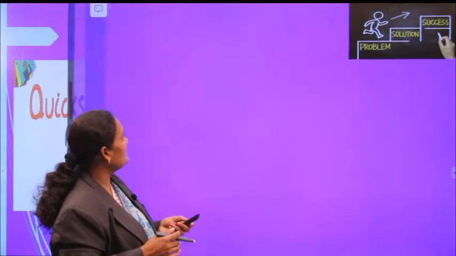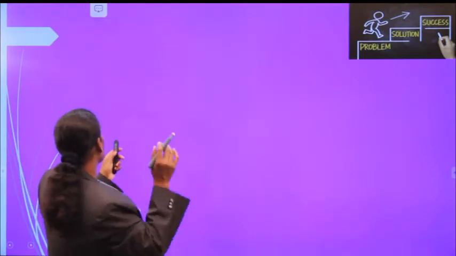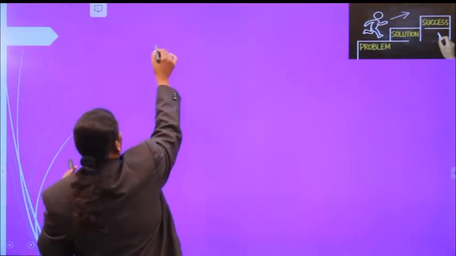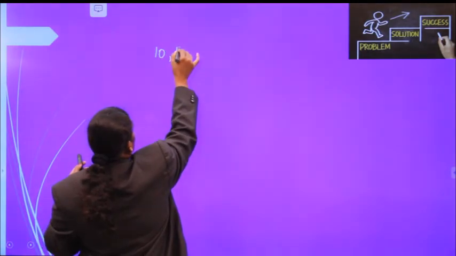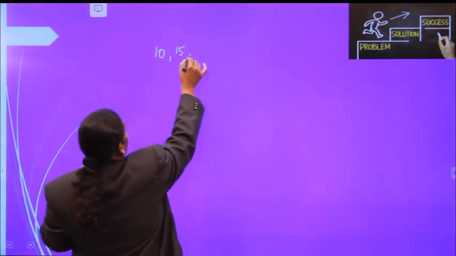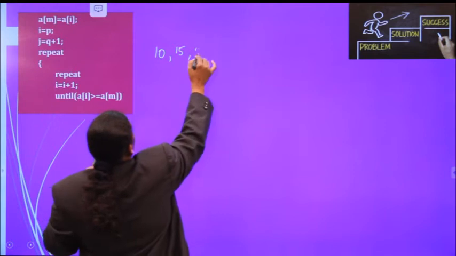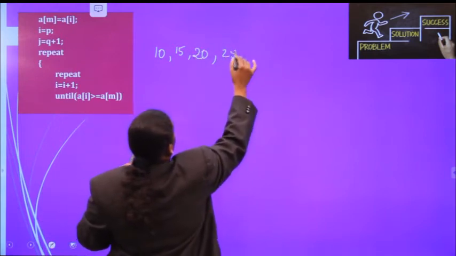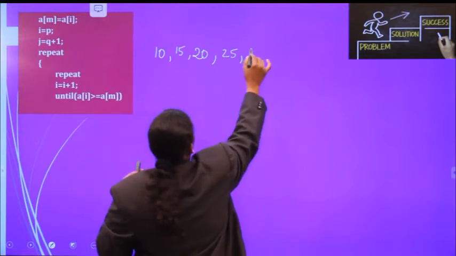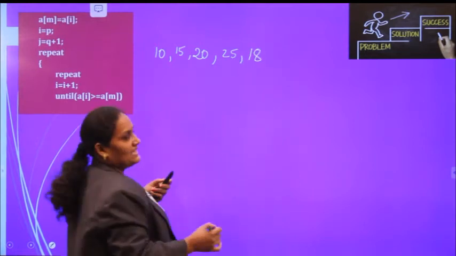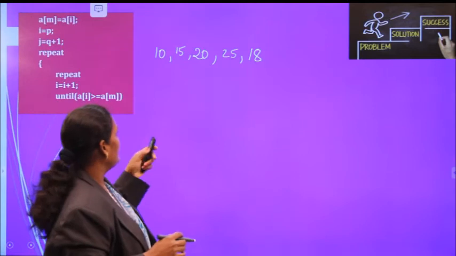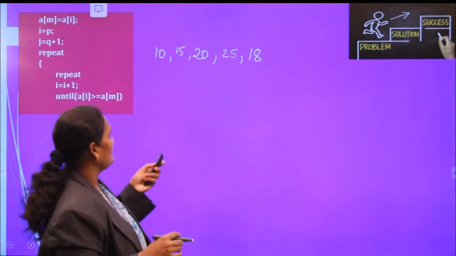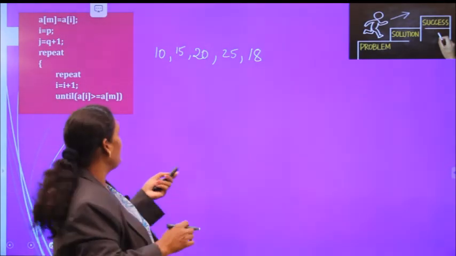Now here, let us see how to do the process. For explaining this, I am going to consider one example. I have taken an example which contains 5 elements.